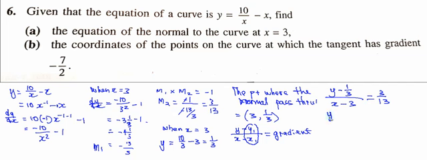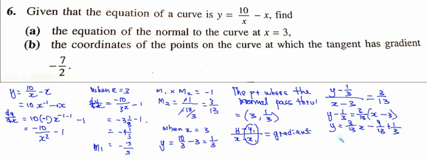So y minus 1 over 3 equal to 3 over 13 times x minus 3. Simplifying it becomes 3 over 13 x. This one is minus 9, 3 times 3 is 9 over 13. This bring over becomes plus 1 over 3.